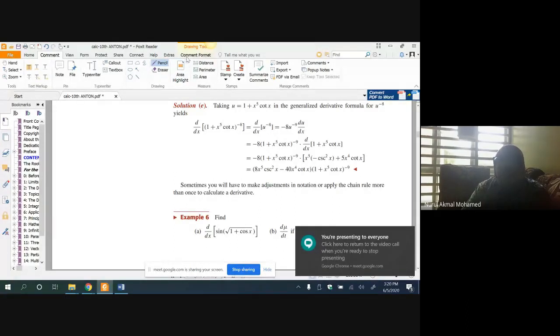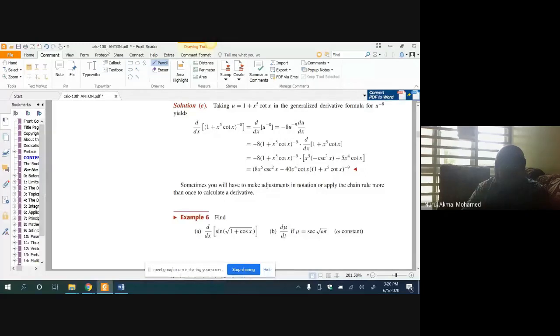I'm not sure about other PDF readers. Here there's a comment icon and a pencil, so I can write over here, like u equals something. And this one is the eraser.